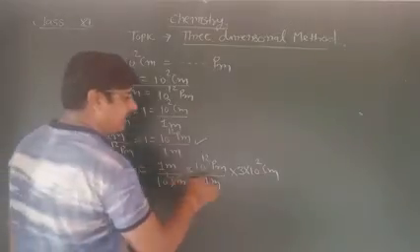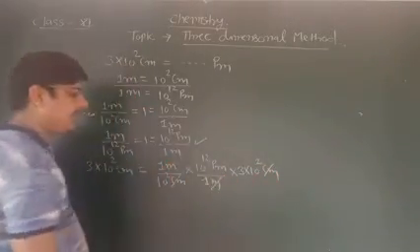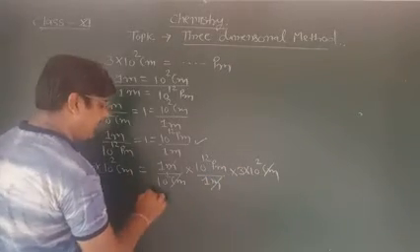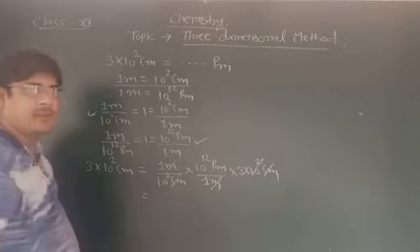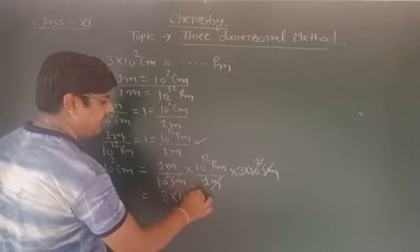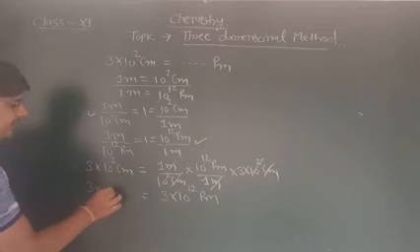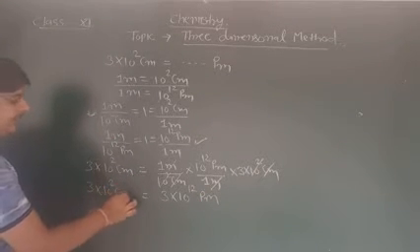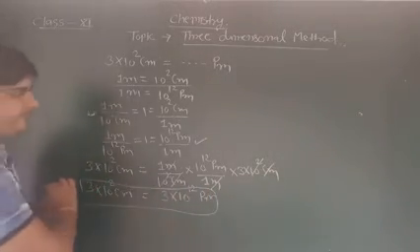The unit centimeter cancels, the unit meter cancels. Multiply it. 10 to the power 2 and 10 to the power 2 cancel. So your answer will be 3 into 10 to the power 12 picometer present in 3 into 10 to the power 2 centimeter. This is the answer for this question.